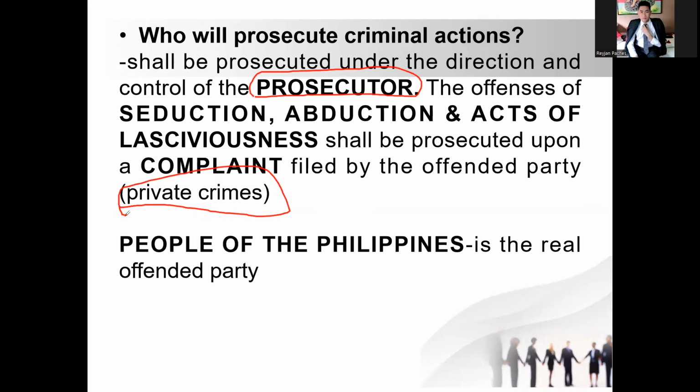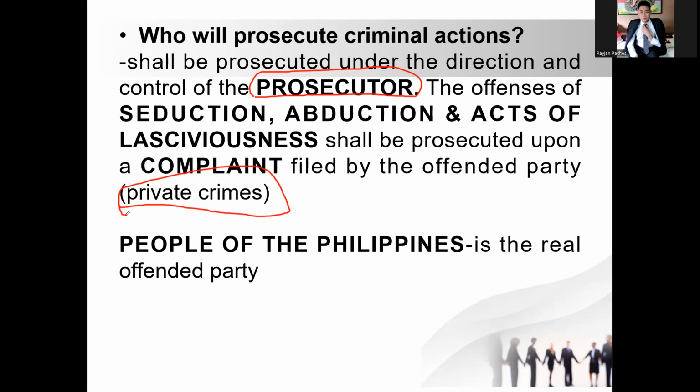Kapag ayaw ng biktima mag-file ng kaso, kung gusto ng parents, siya yung mag-file ng kaso. Kung ayaw ng biktima, ayaw din ng parents, pwedeng ang police officer ang mag-file ng kaso. Kasi ang rape, it is a public crime. Any person can file a case. So that's why tinatawag natin yan na public crimes.